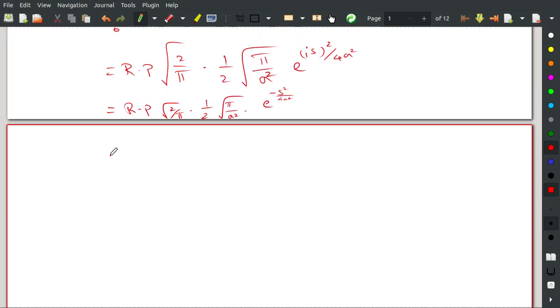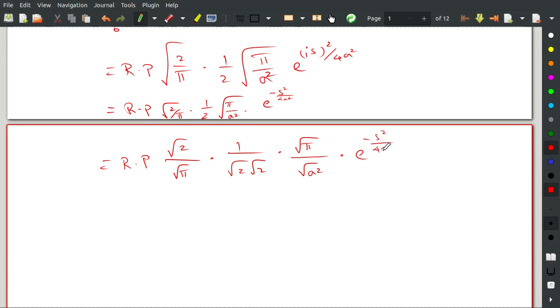So this can be even further reduced, so we just keep this real part thing for our memory. So we have the real part, and this is root 2, and we have root pi. Okay, I am just writing root 2 by pi as root 2 into 1 by 2, instead of 2 let me write root 2 into root 2, and we have root pi here, and we have a root a square, and we have e power minus s square divided by 4a square.